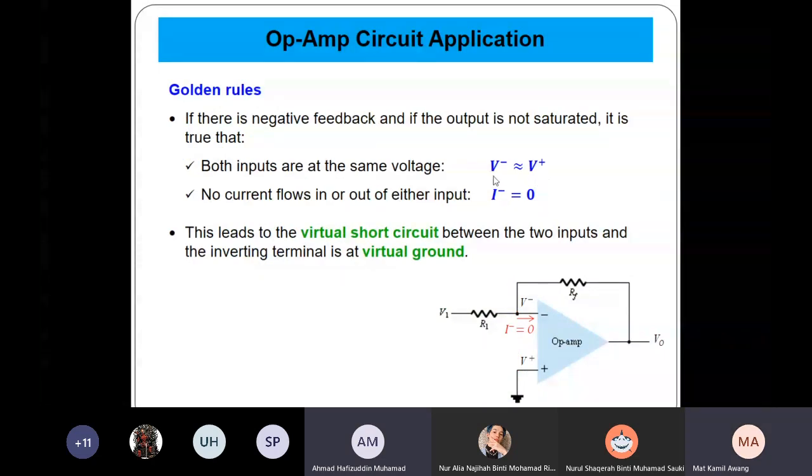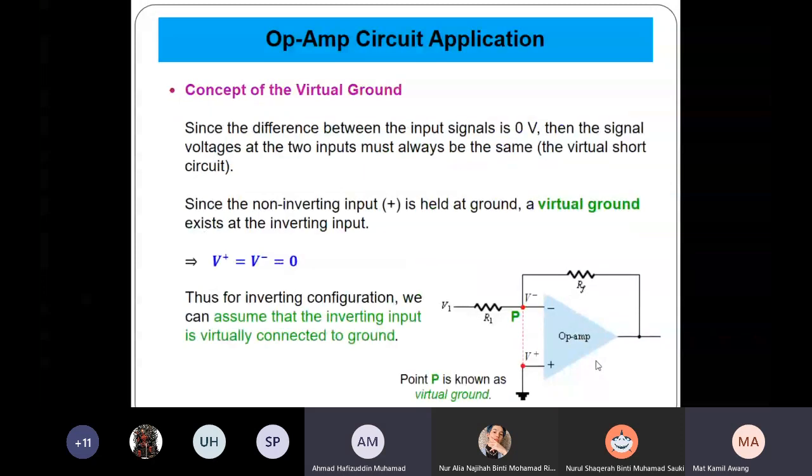You follow the two golden rules, therefore, you have the virtual ground here. V plus and V minus are equal, and the current here is 0. There is no current flowing here, therefore it's actually a virtual short circuit. So this is virtual ground. Okay?